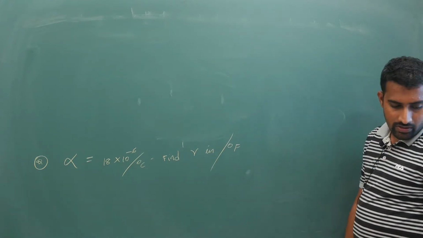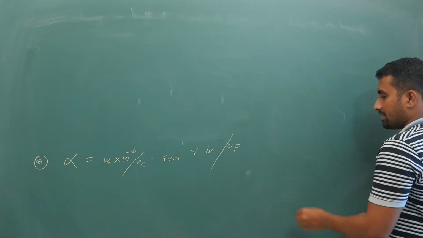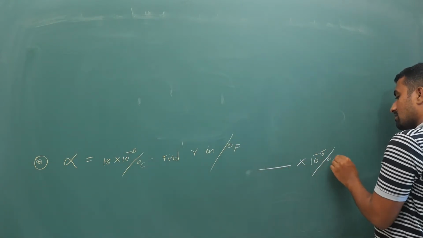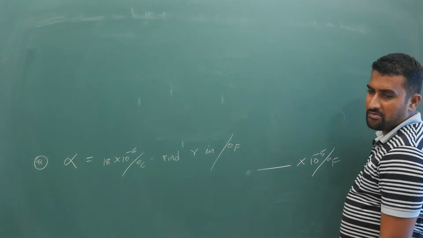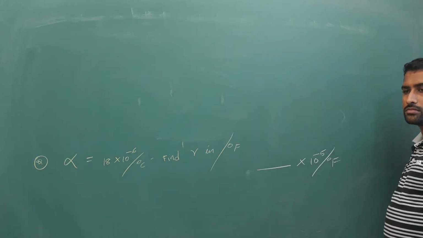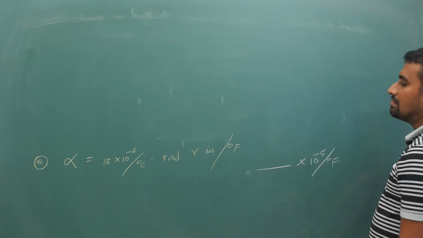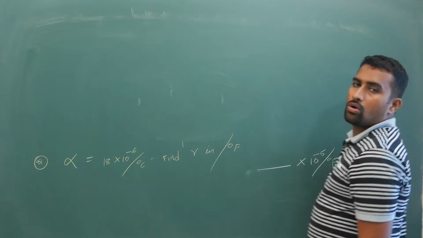Dash into 10 power minus 5 per degrees Fahrenheit is the answer. Simple question. Integer type. Hope you are trying.